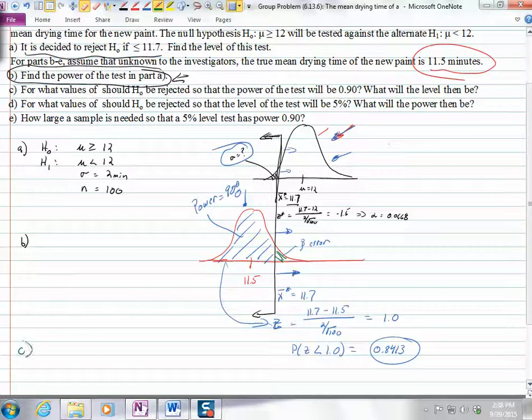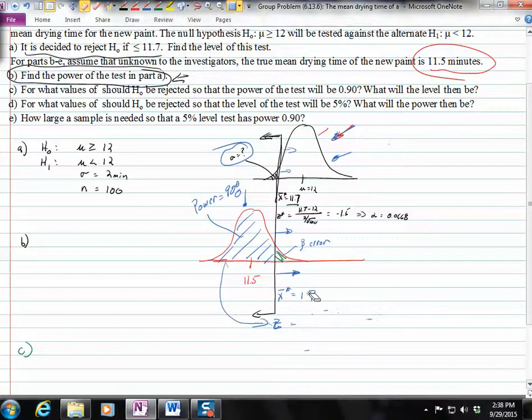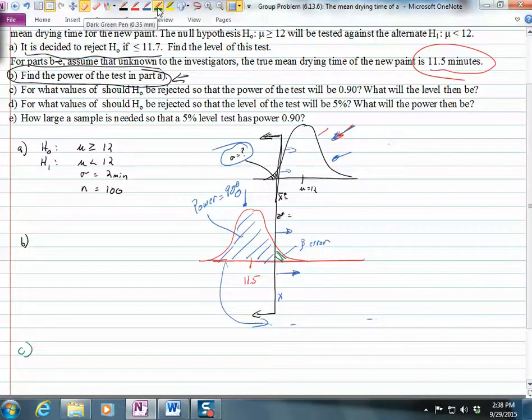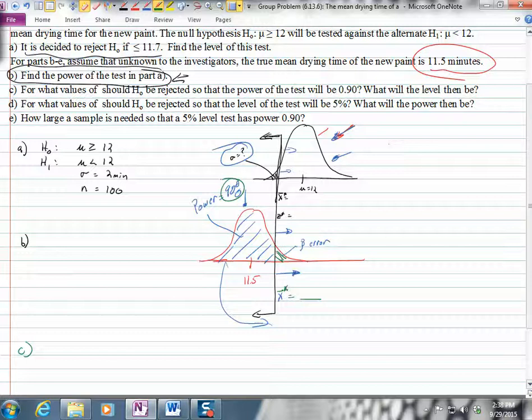Okay. For part C, we're going to get rid of all this. This is part B. And we'll get rid of this as well. For part C, we're trying to figure out where the cutoff value is so that we get a power of 90%. So we use this 0.9.